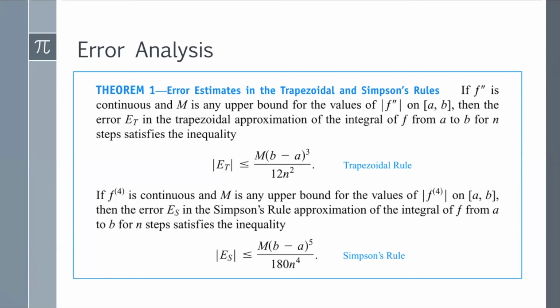All right, so the first part talks about error estimates for the trapezoidal rule. If f double prime, the second derivative of f, is continuous, and m is any upper bound for the values of the absolute value of f double prime on the interval from a to b, then the error E sub t in the trapezoidal approximation of the integral of f from a to b with n subintervals satisfies the following inequality.